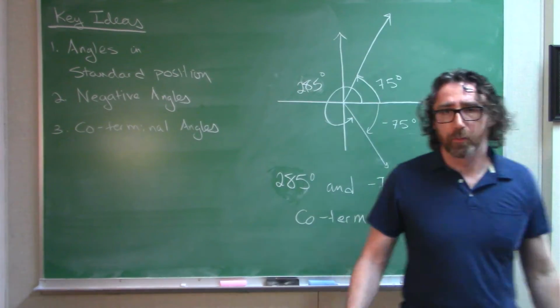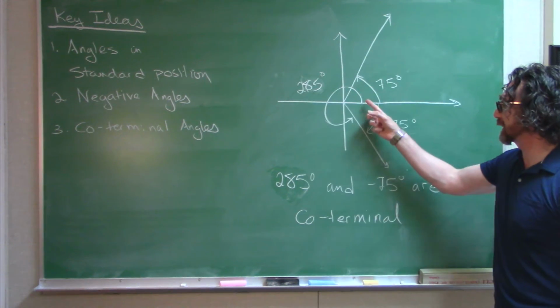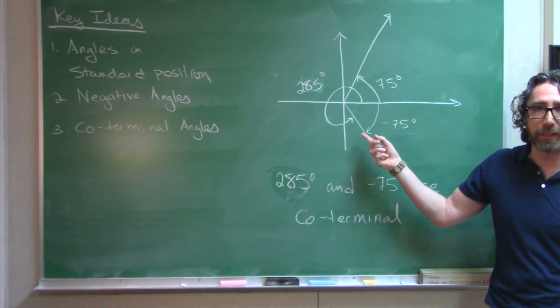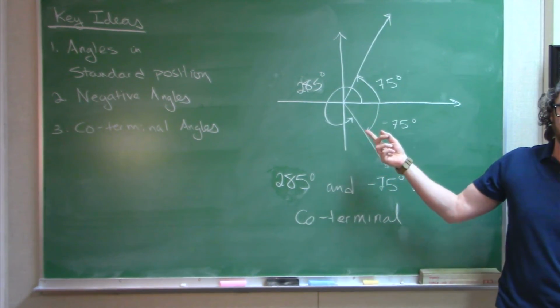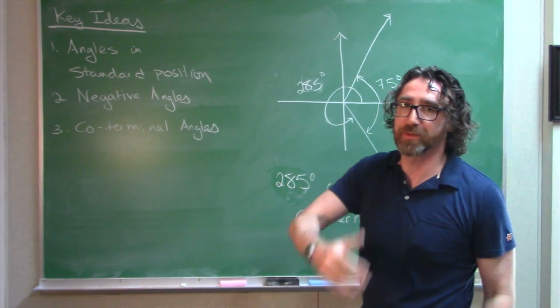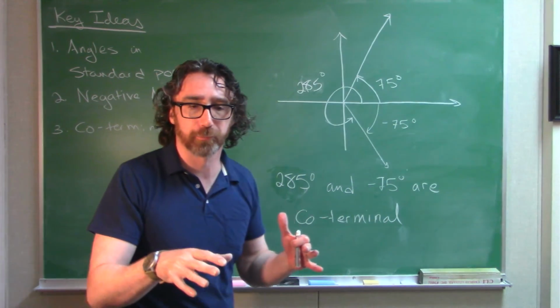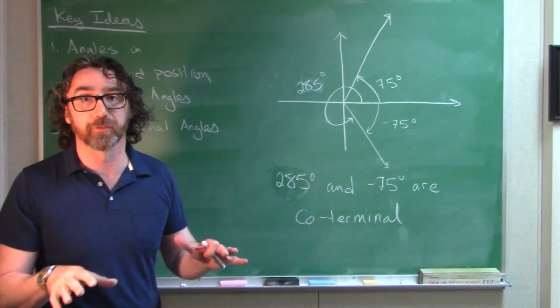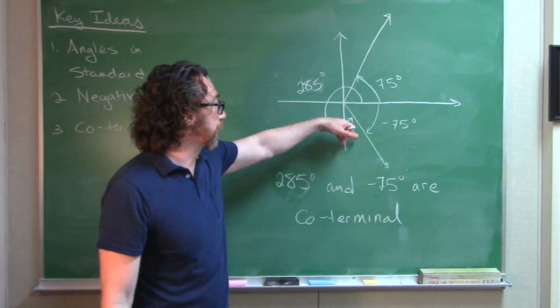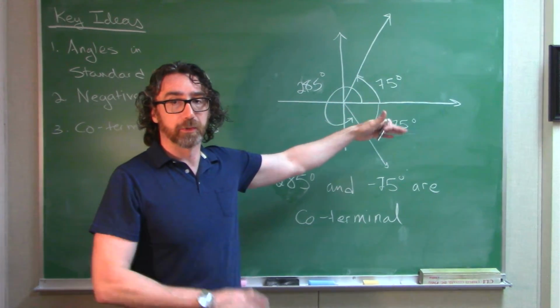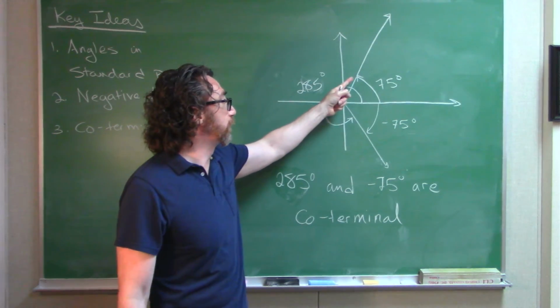Because what you can do is you could do the full 360 and then go around 285. Okay, so there's infinitely many coterminal angles with whatever it is your angle ends up at. Okay, so your angle gets you to a place, let's say 75 degrees.